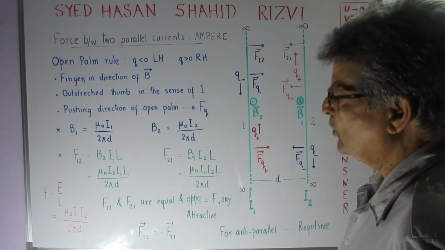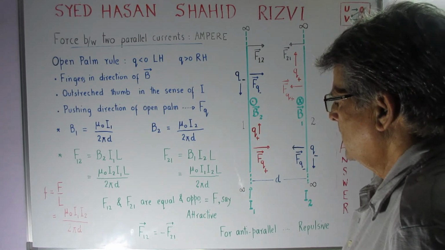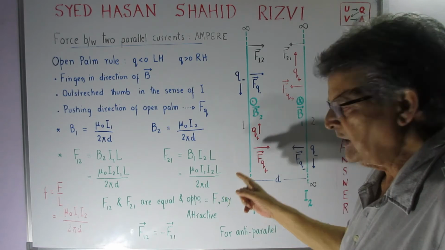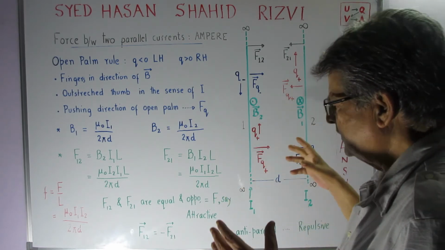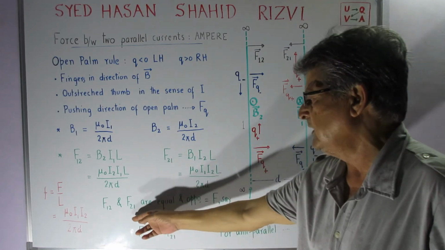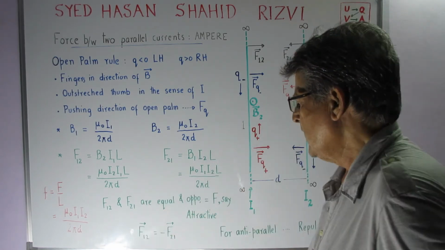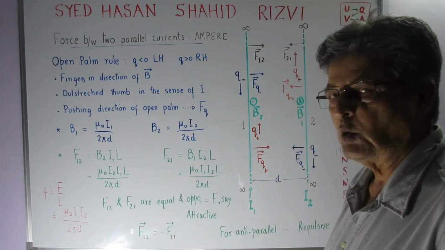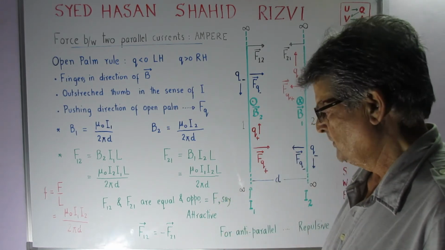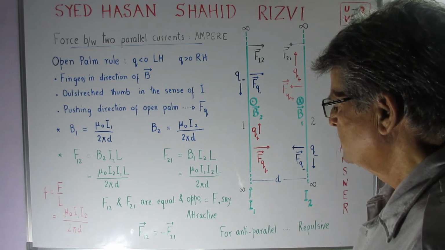So even quantitatively, let us combine the qualitative discussion with the quantitative discussion, and we find that F12 and F21 are equal and opposite. Let's call them F, the force.